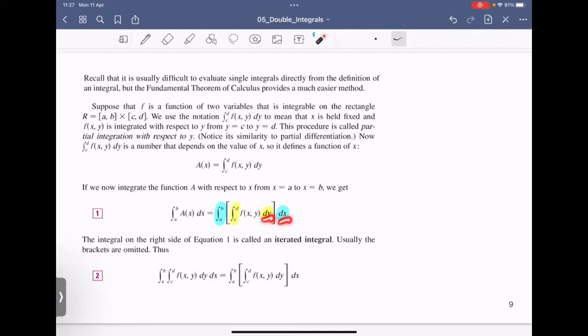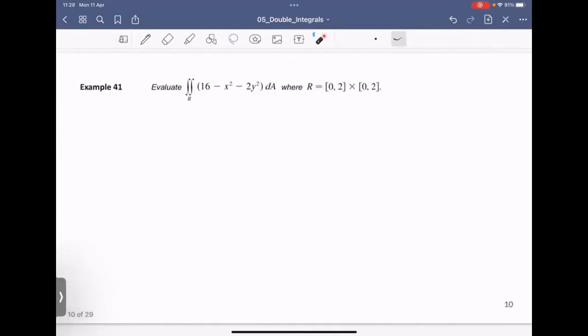Okay, let's go. Example 41. I want you to evaluate the double integral of 16 minus x squared minus 2y squared dA, where R equals [0,2] times [0,2]. What does it mean?